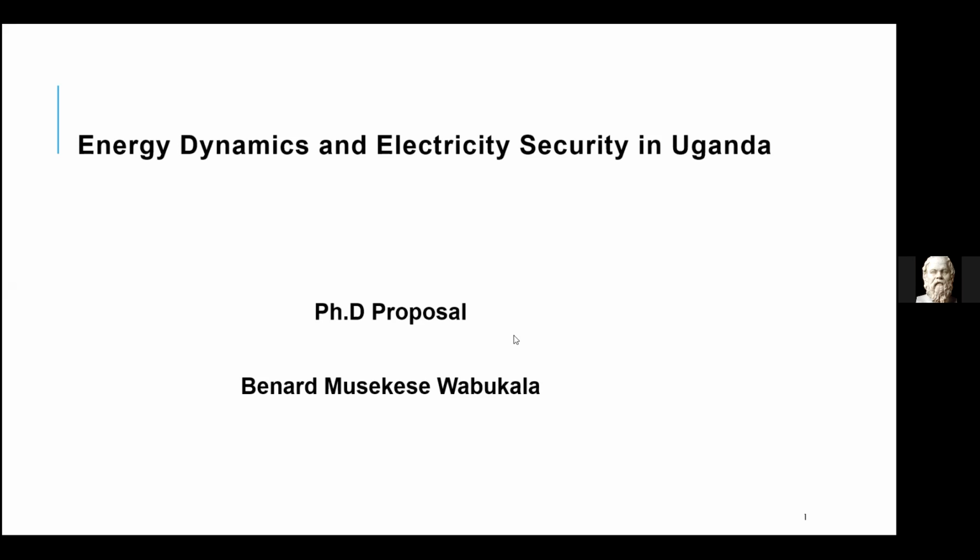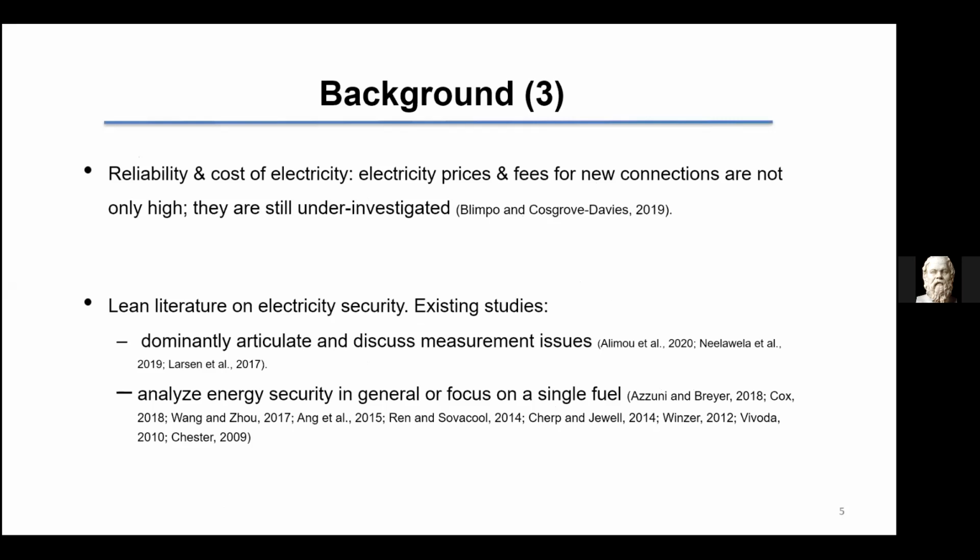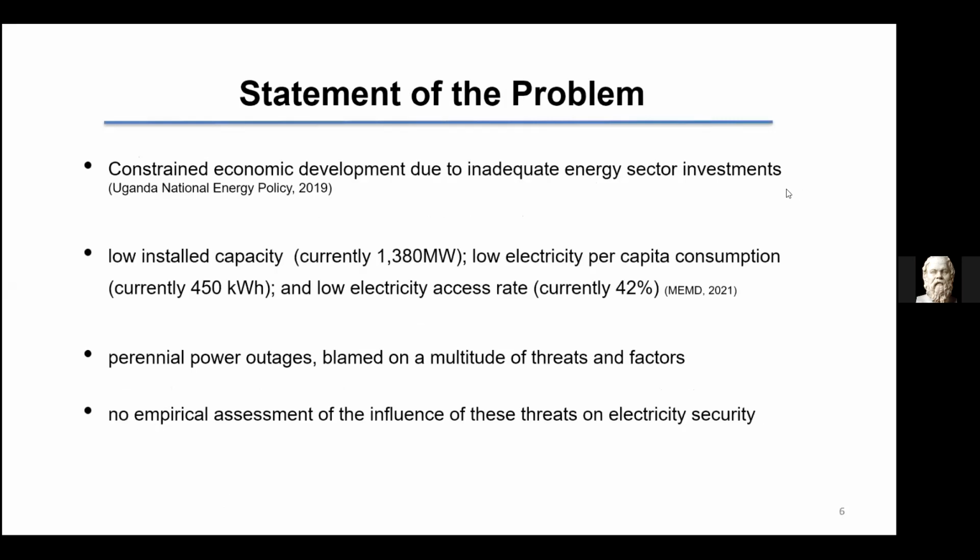Having said that, let's go to the statement of the problem. In the statement of the problem, you actually indicate two things. If I look at bullet 1, you are talking about constrained economic development due to inadequate energy sector investments.